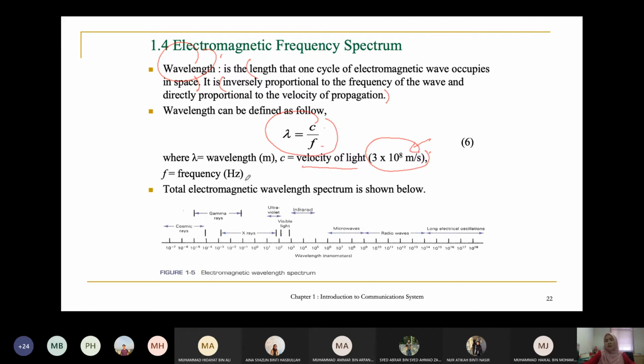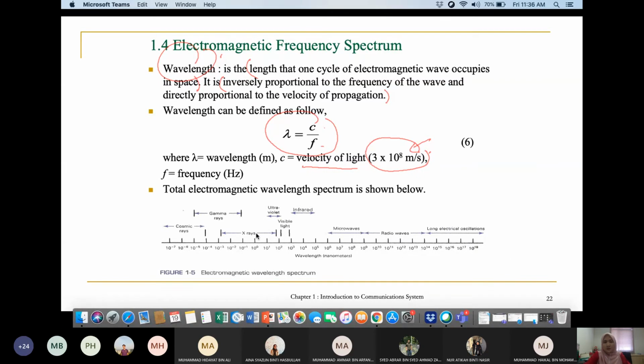Meaning if the frequency is high, the wavelength will be small. If the frequency is low, the wavelength will be wide.